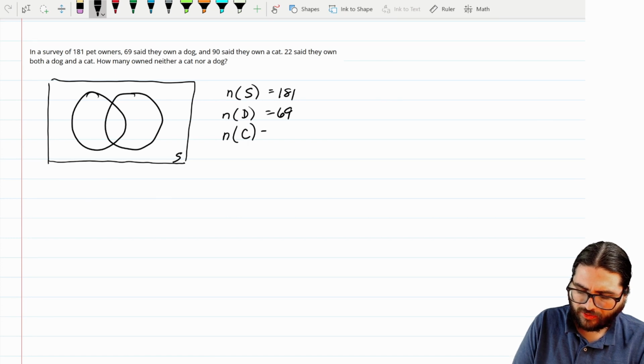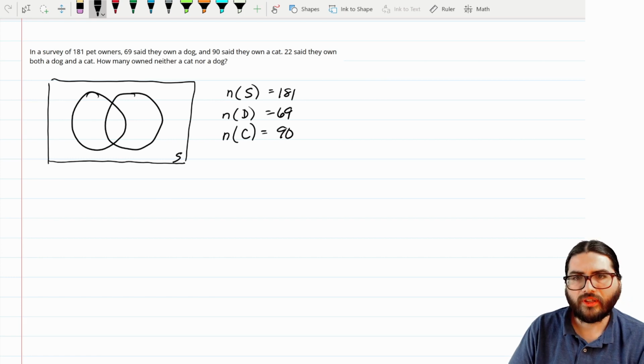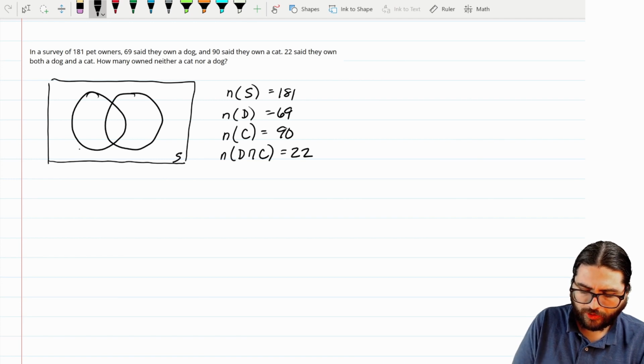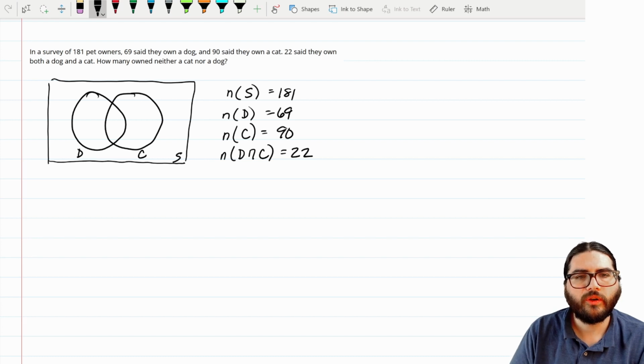Let me call that set C. And 22 said they own both a dog and a cat. So that is dog intersection cat. It's both of them. And that is 22. All right, I'll go ahead and label this one dog and this one cat. Arbitrary. You could draw your Venn diagram however you wanted to.